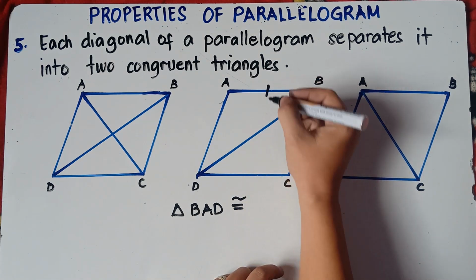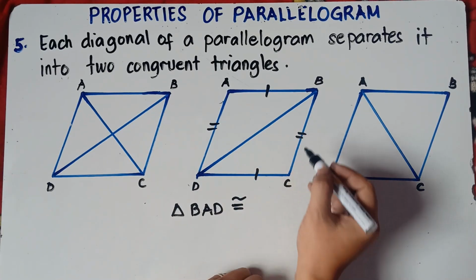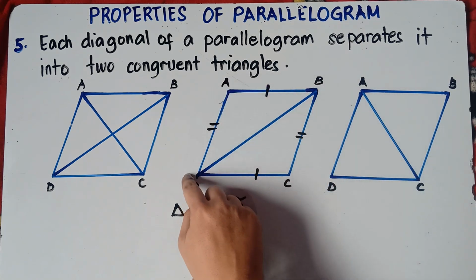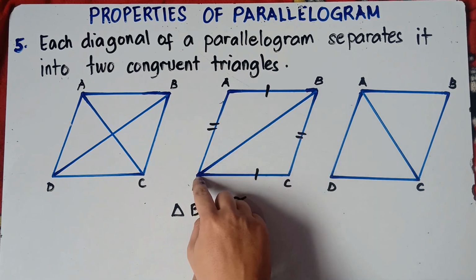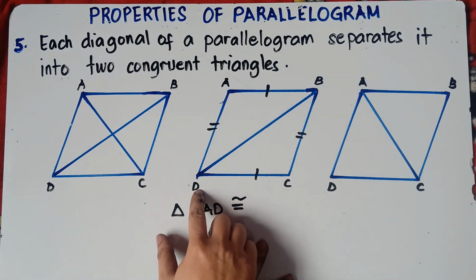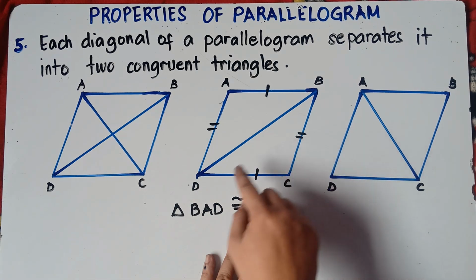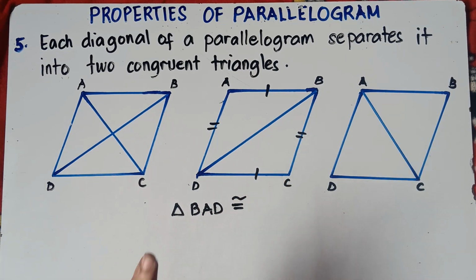So, this side is congruent to this side, and this side is congruent to this side. When you read this one, we have BAD from first marking going to the second marking. Then you read DCB from first marking to second marking. So always be careful, class, in reading the two triangles.